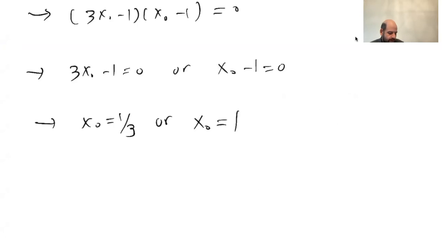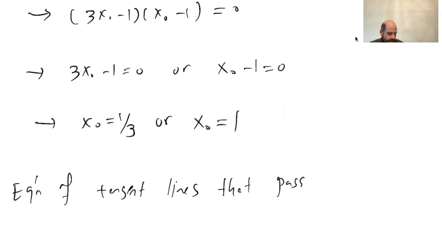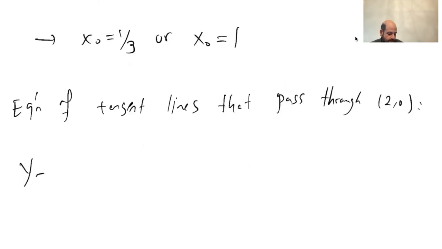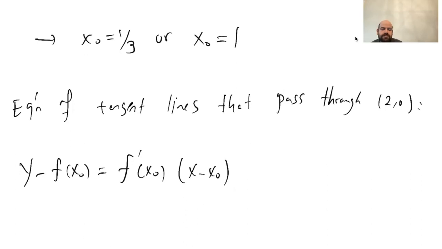So, equation of tangent lines that pass through the point 2 and 0. So what do we need? y minus f of x0 equals f prime of x0 times x minus x0.